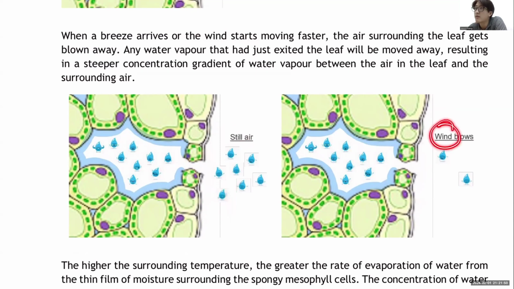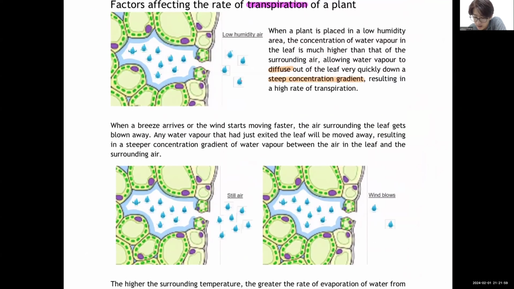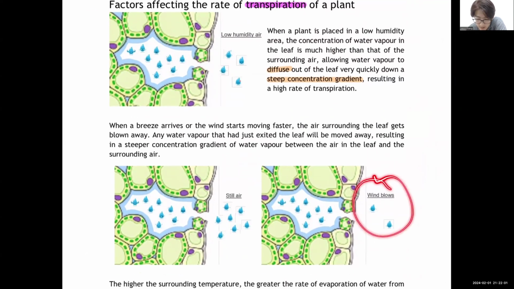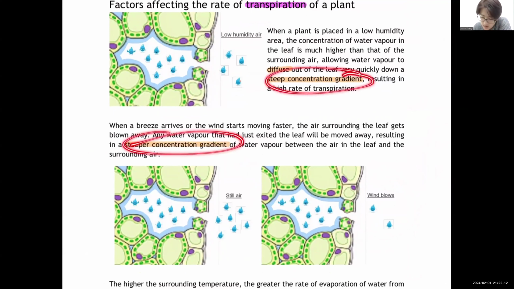But if the wind is very strong, every time one water vapor comes out, it will get blown away. So here remains dry in a way. Here remains low humidity, which therefore you will see the same phrase coming around. Look at this. Same. Okay.